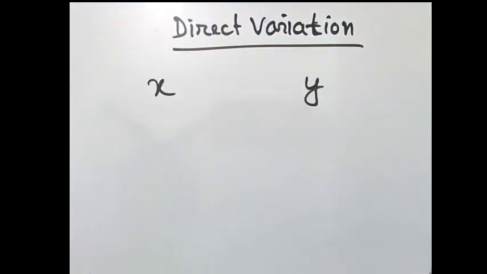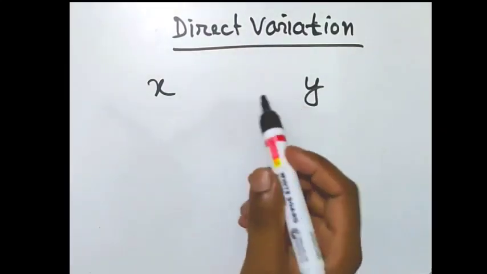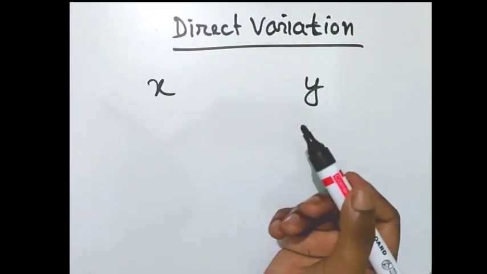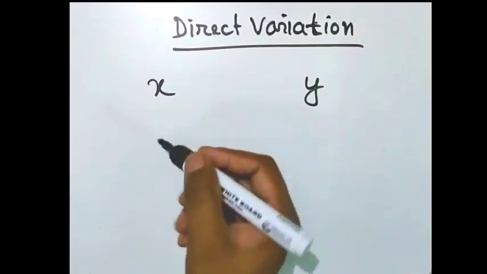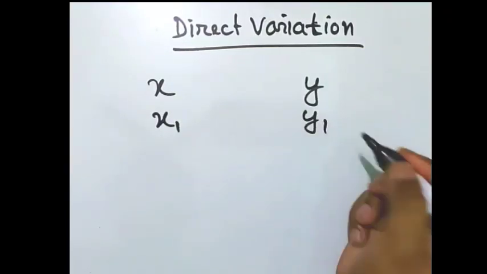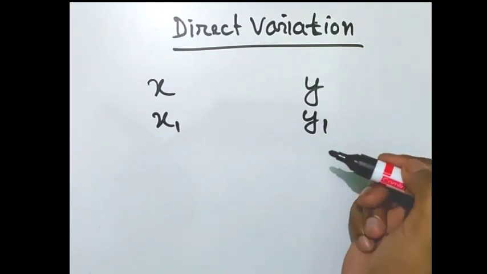Let's say x and y are two quantities which vary directly or are in direct variation or direct proportion. So if I increase x to x1, then y will increase to y1. If I decrease x to x1, then y will also decrease to y1.